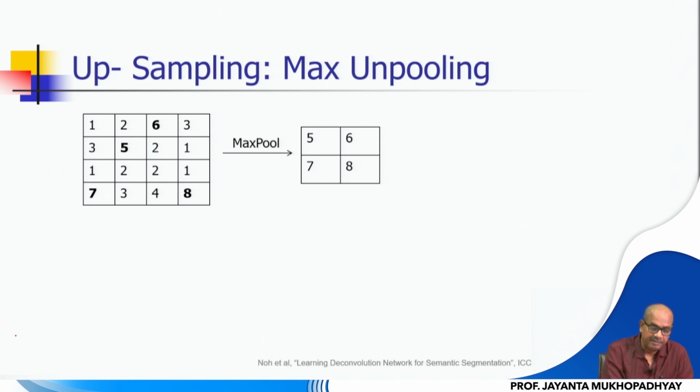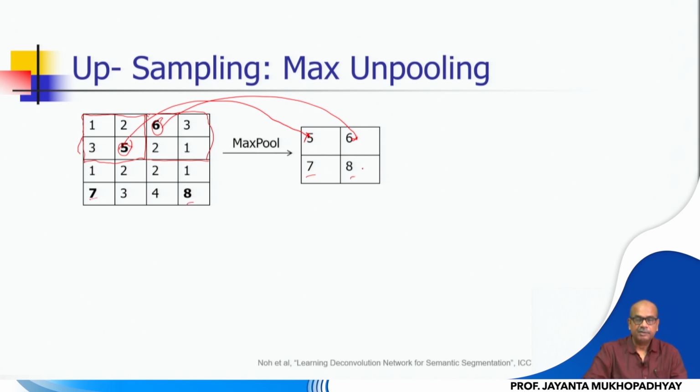When you are doing max pooling, you are reducing the size of the image by considering 2 cross 2 non-overlapping partitions, and from each partition you are taking only the maximum value. So from this partition, this is the maximum value, and that is what is forming here. Similarly, from here you get the max pooled value, this one 6 here. So similarly you get 7 and 8 in this case.